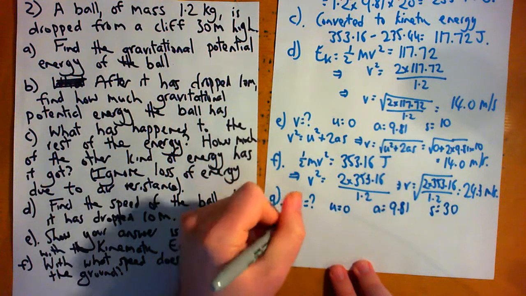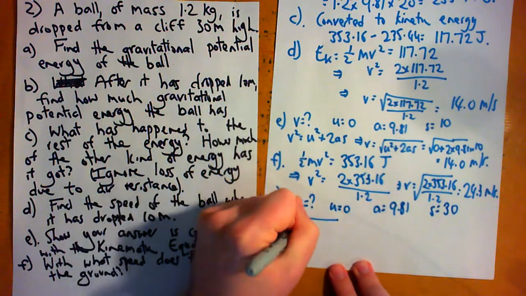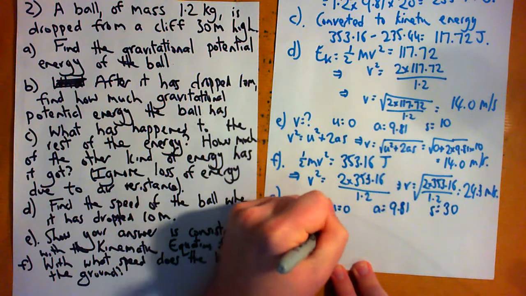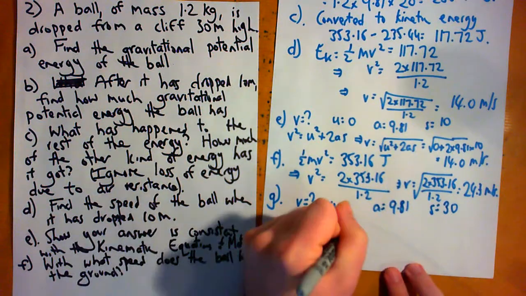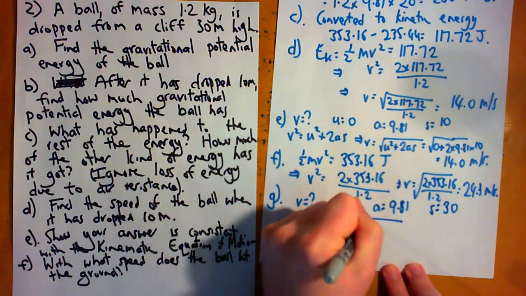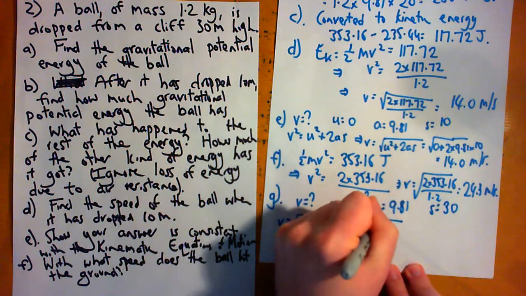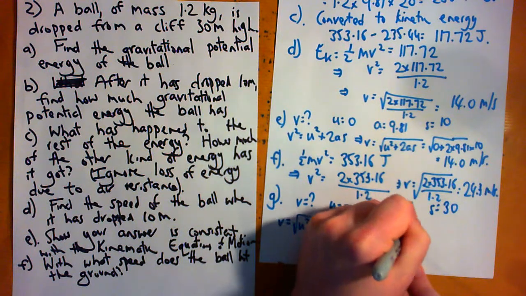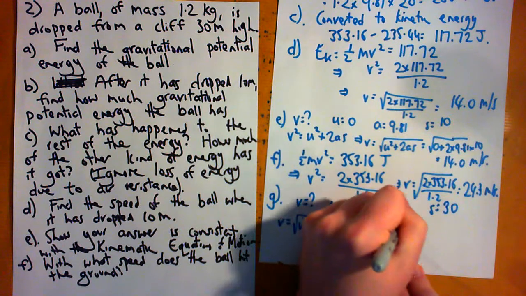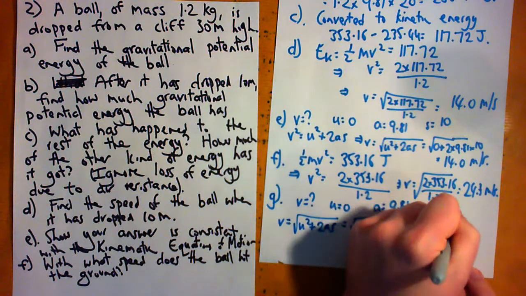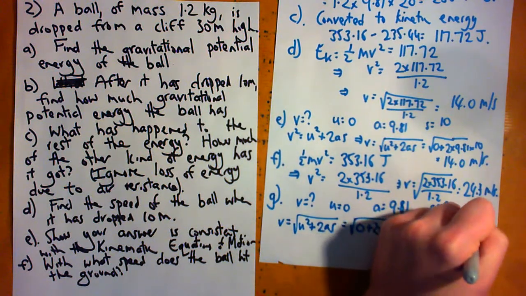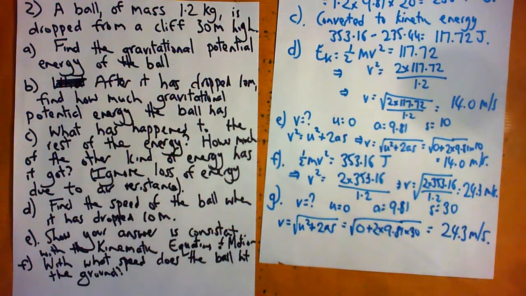So just as before, v is the square root of u squared plus 2as, which is the square root of 0 squared plus 2 times 9.81 times 30, and if we calculate that, we also get 24.3 metres per second.